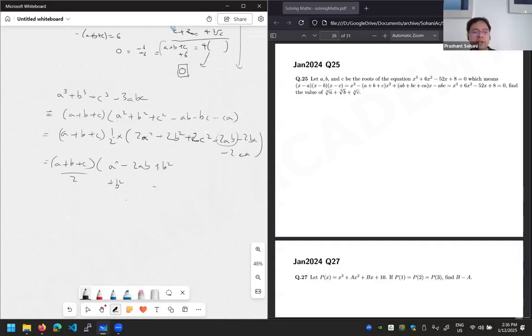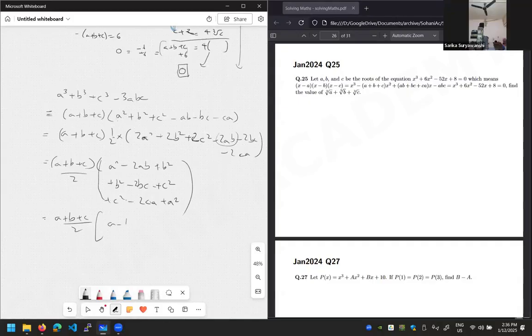And the same pattern will continue. Okay, so all of this is inside the bracket. And now these are all perfect squares, so I can just write this as a minus b bracket square.